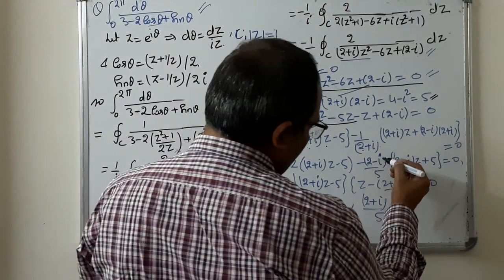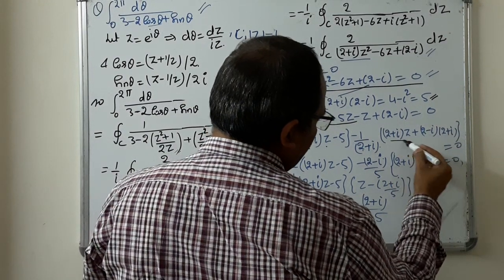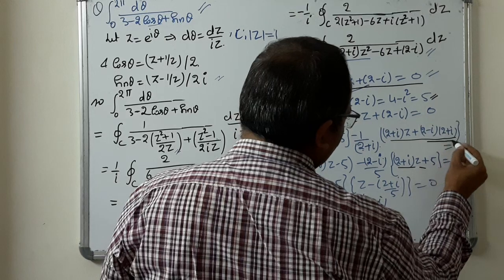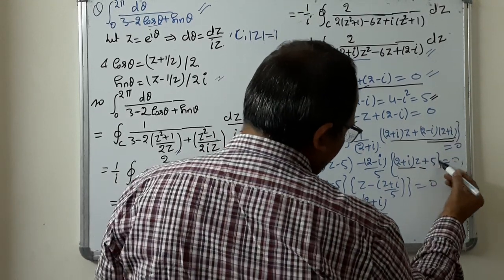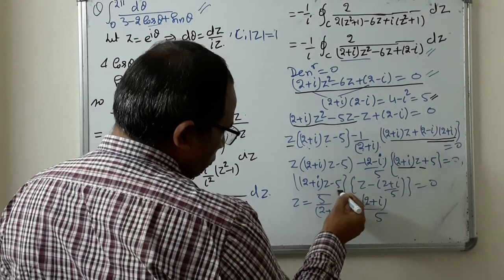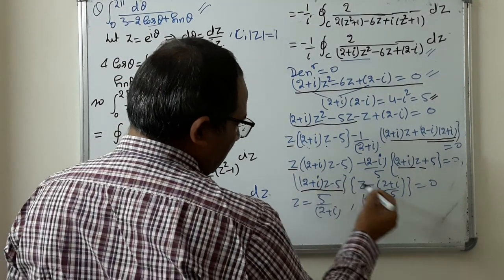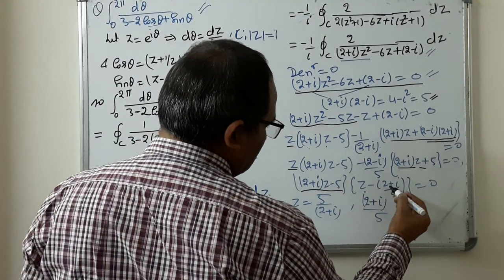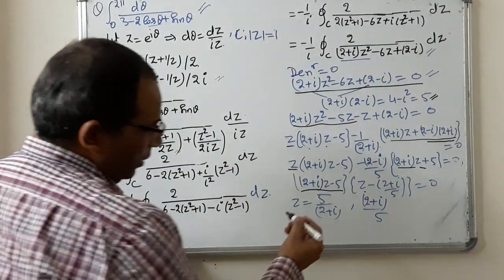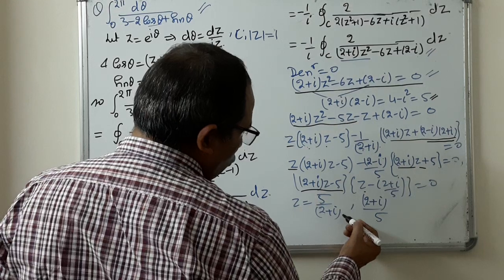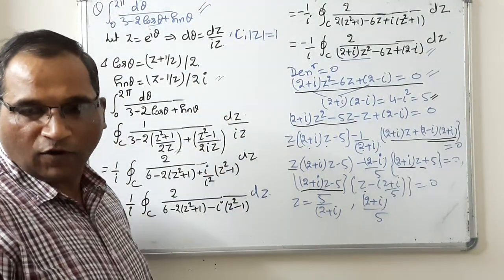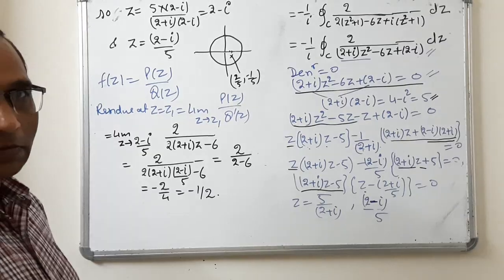So minus of (2 minus i) upon 5, and in this we can write (2 plus i)z, and the value of this one is 5, (2 plus i)z plus 5, right? So take (2 plus i)z minus 5 common, so we get the first term z and the second term is minus (2 minus i) upon 5. From here we get the values of z: 5 upon (2 plus i) and (2 minus i) upon 5.